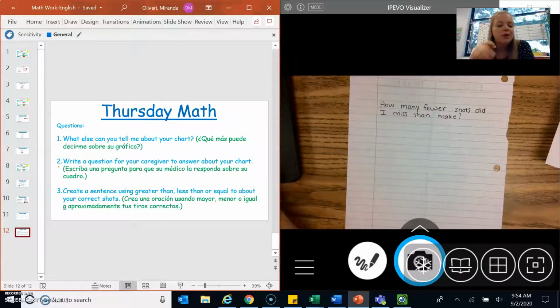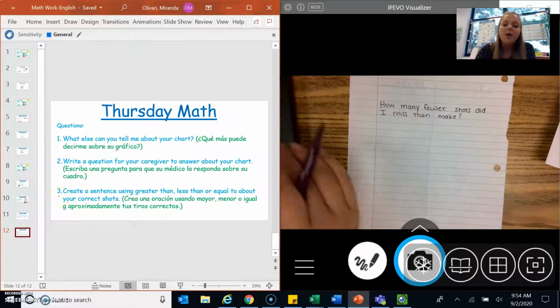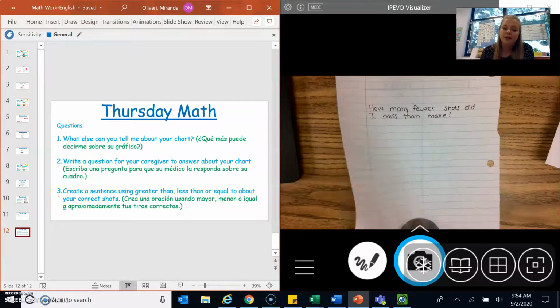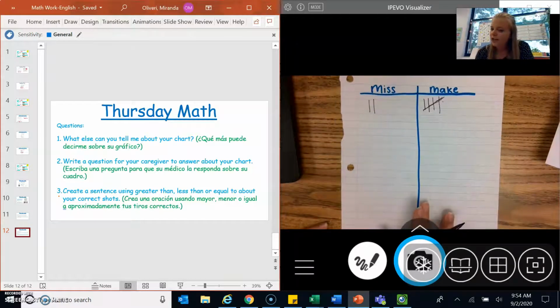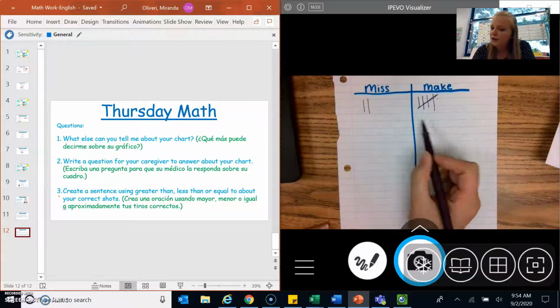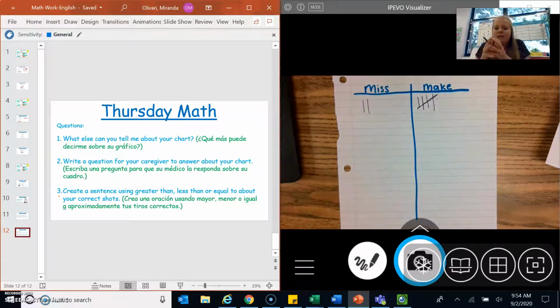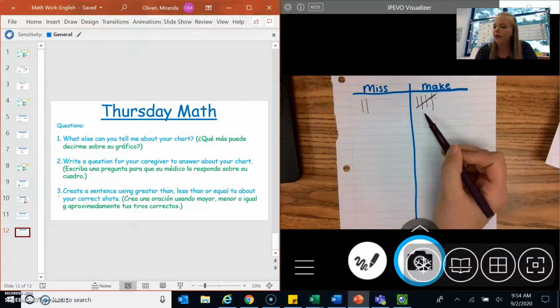And number 3 says, create a sentence using greater than, less than, or equal to about your correct shots. Okay, so is 2 or 5 a greater number? Remember, greater means bigger. That's right, 5 is a greater number.